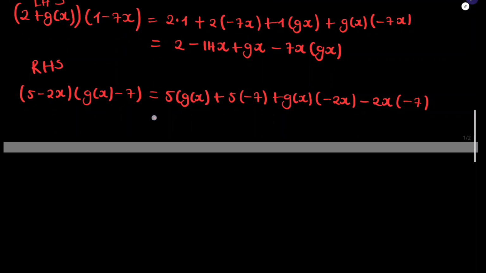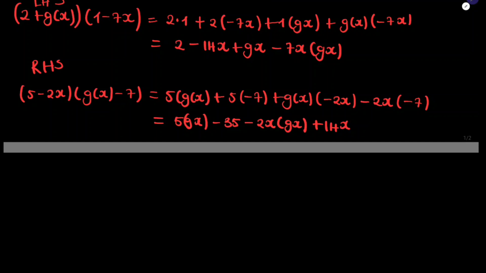Okay, so let me simplify this. So this is 5g of x - 35 - 2x times g of x, and then plus 14x. Okay, so that is what we have.